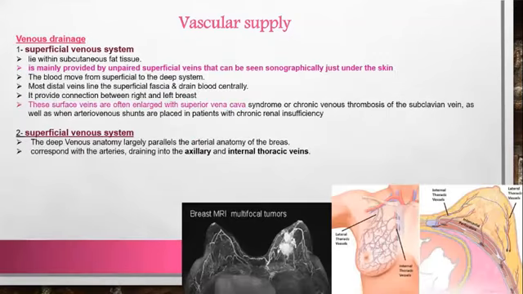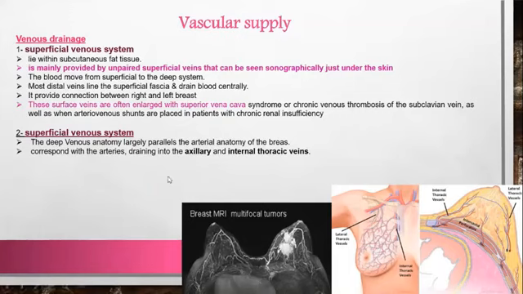Regarding the venous drainage, we have two systems of venous drainage of the breast, the deep and the superficial. Sorry, this should be the deep venous system and the superficial. The deep venous system follows the arterial anatomy.